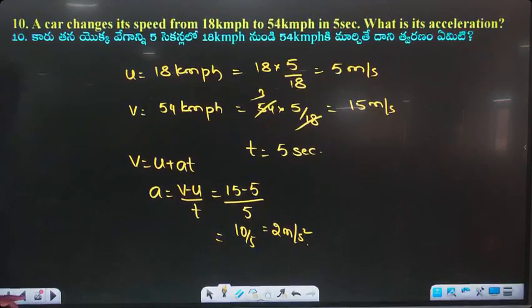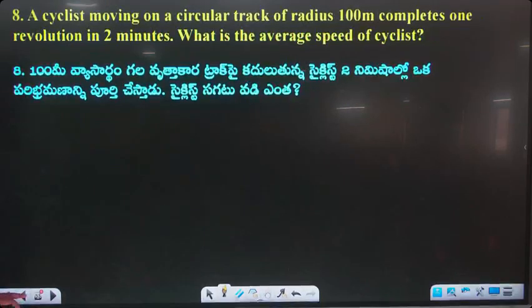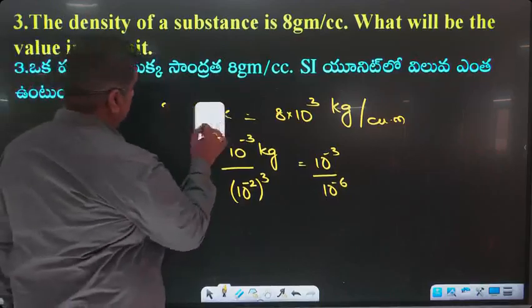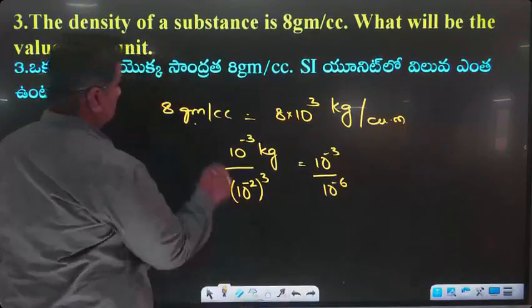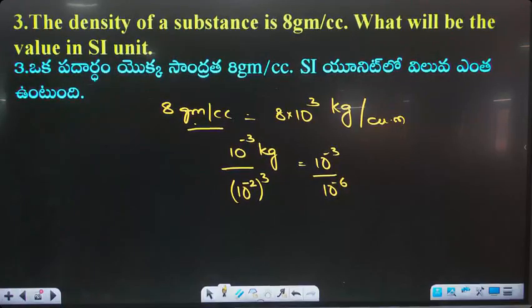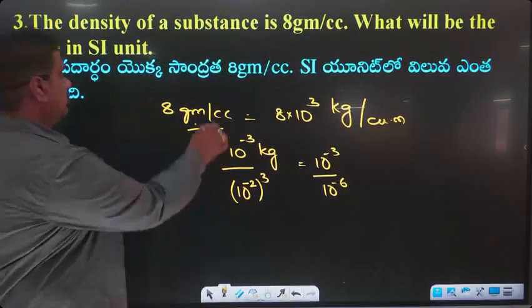Just go back to the earlier case once. Here you are converting gram per centimeter cube to kg per cubic meter.